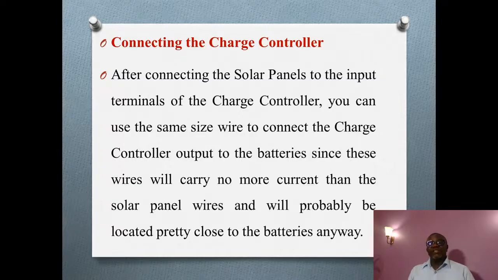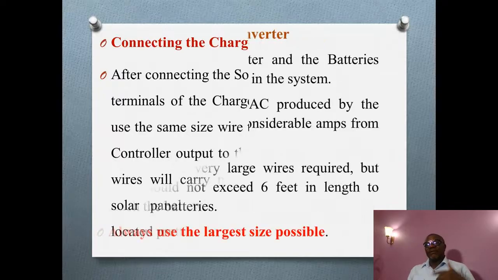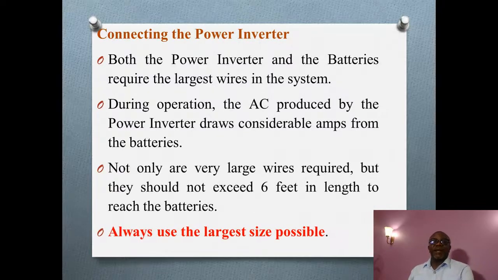But if it is possible for you, use the next higher gauge. In our case, since 4 is what we got by calculations, to be on the safer side, you can use size 5. So both the power inverter and the batteries require the largest wires in the system.